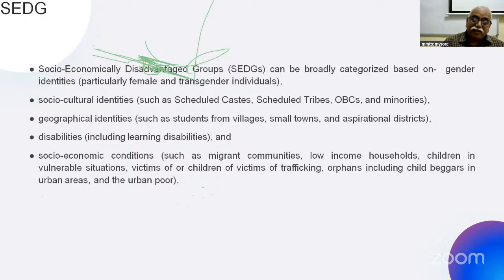Apart from all these geographical differences, the policy also talks about aspirational districts. The major focus is given to aspirational districts. These are districts identified by the Ministry of Education looking at the educational status of the states.